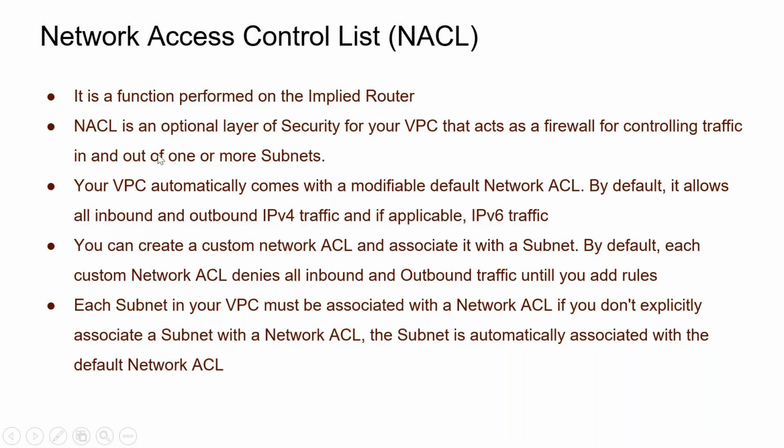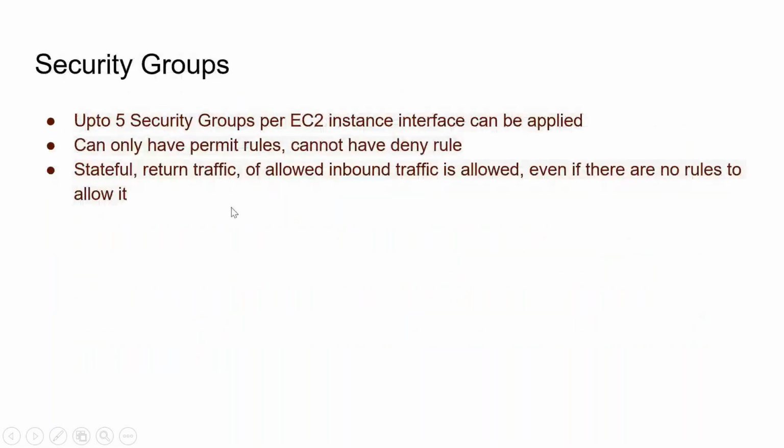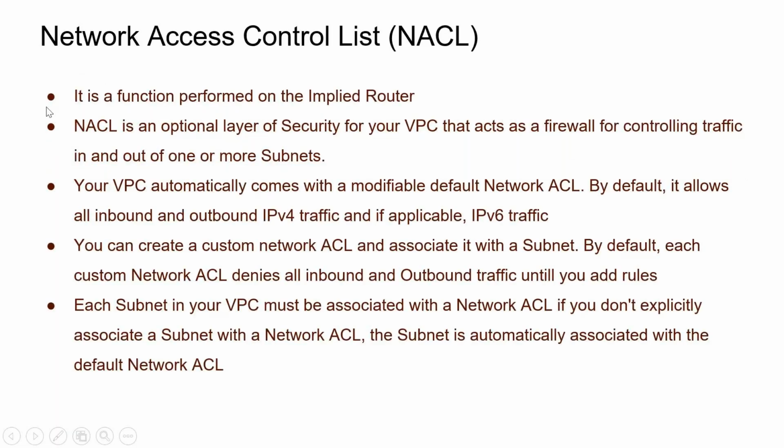A security group is applied to the instances, whereas a NACL is applied on the subnet, on the whole subnet itself. You can apply the NACL on the whole subnet. So what happens if the subnet contains, suppose, 50 servers?